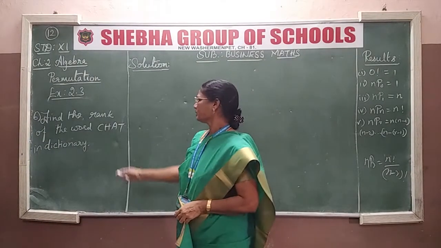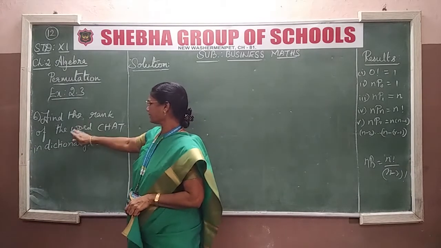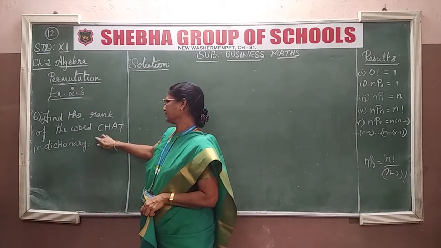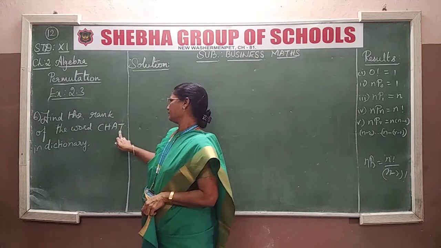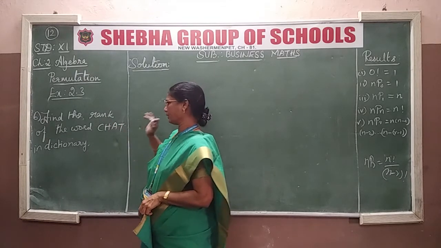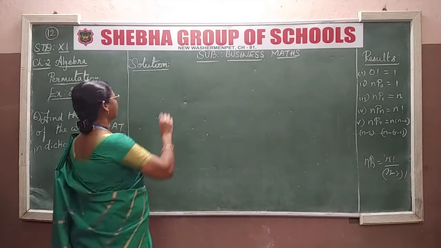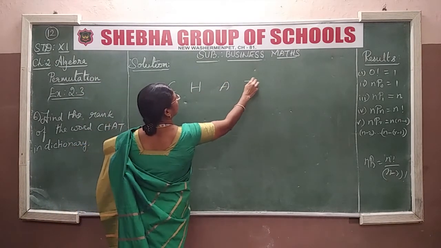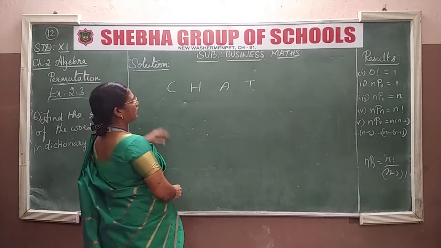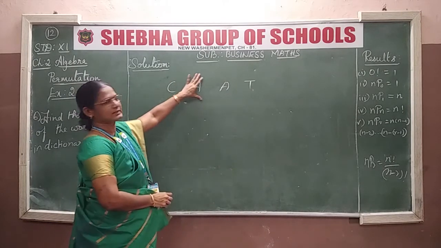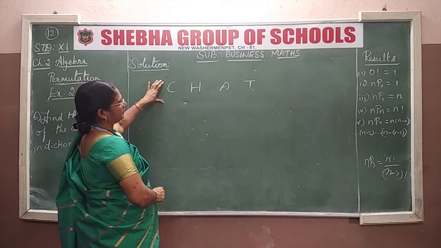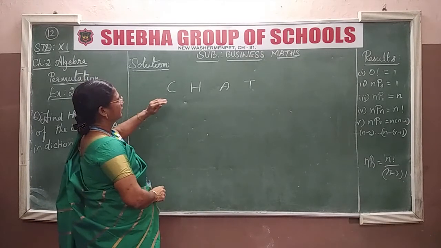Next, we see the sixth sum. Find the rank of the word CHAT in the dictionary. In the dictionary, the word CHAT comes in which place? We have to find that. First, we write the word like this. We have to assign numbers to these letters in alphabetical order, and we know the alphabetical order.